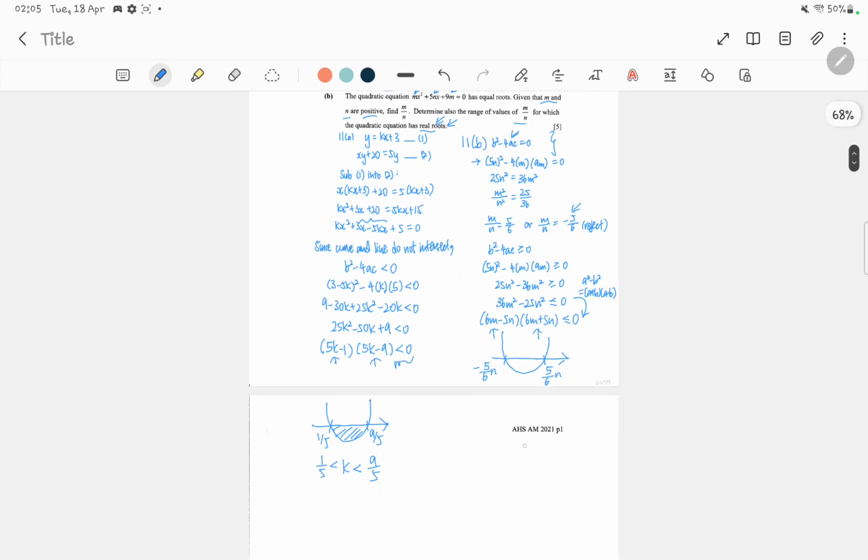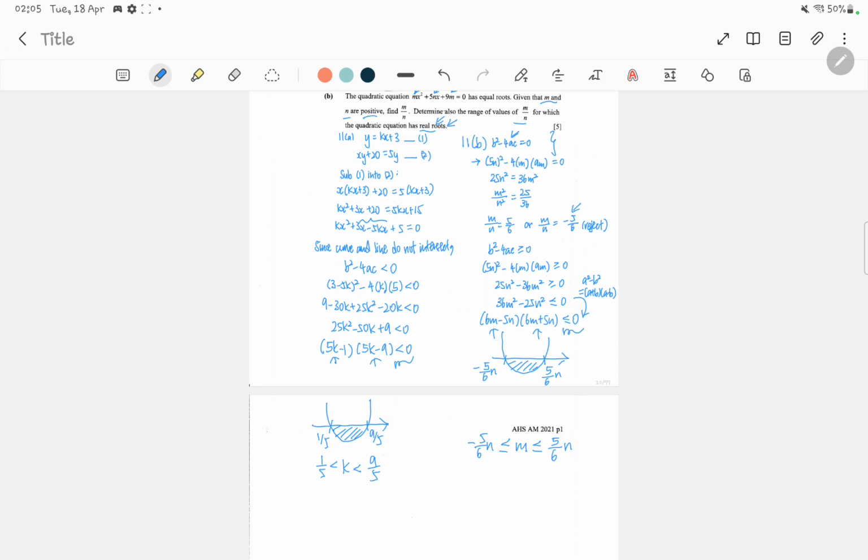So this means we have our inequality over here. m is more than or equal, because now we are looking at the portion of the curve below the x-axis, because this is less than or equal to 0. So m is more than or equal to minus 5 over 6n and less than or equal to 5 over 6n.